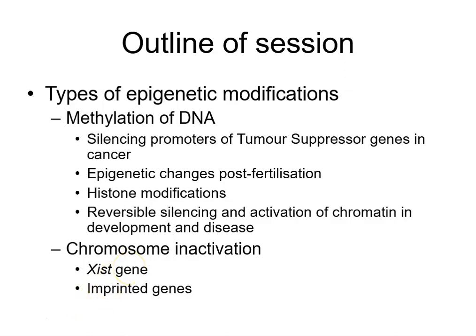And we will look at citrullination, which is required to change neutrophils into an important part of the immune system, which is neutrophil extracellular traps. This is an epigenetic phenomenon because it involves changes to histones and therefore chromatin patterns.